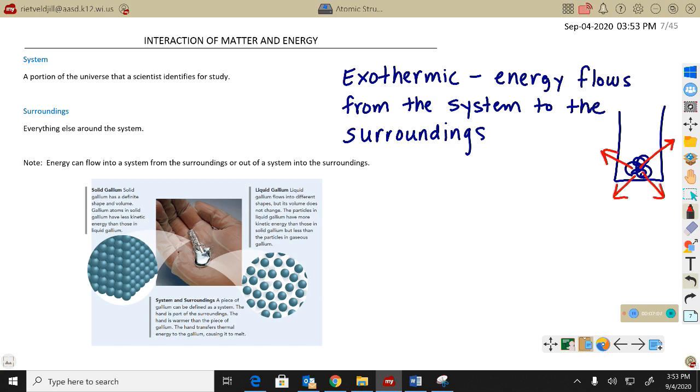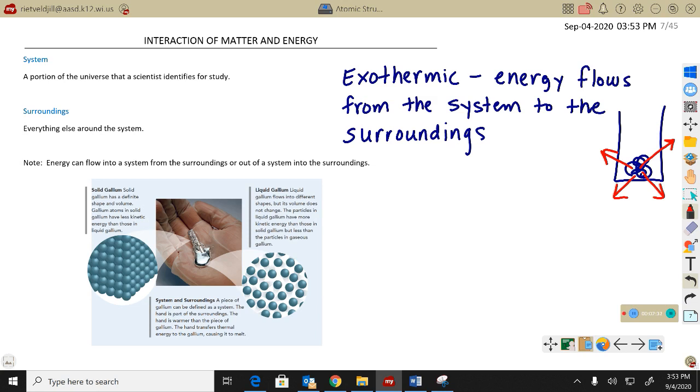And the surroundings could be the glass beaker, so the beaker's going to feel hot to the touch. And it could be the air. Sometimes maybe we would put our hand above the beaker and say, ooh, it's getting warm. But often when we feel the surroundings, the beaker or air, it feels warm to the touch when there's an exothermic change occurring.